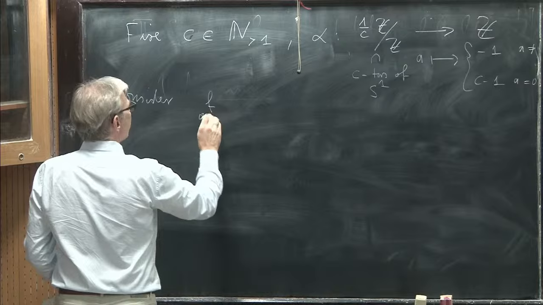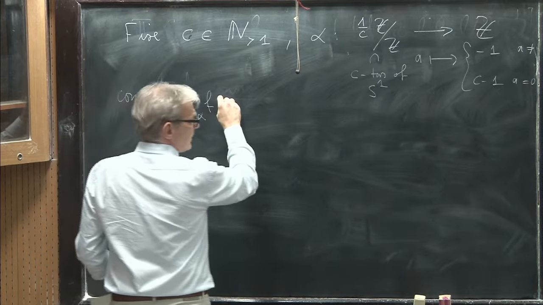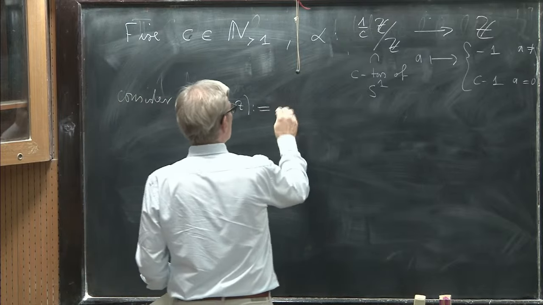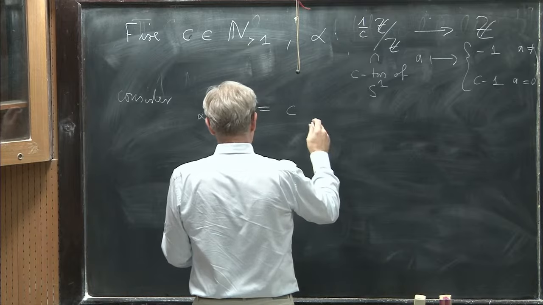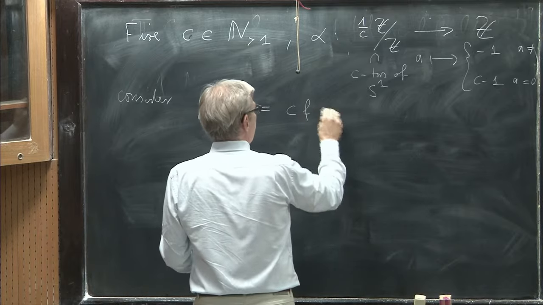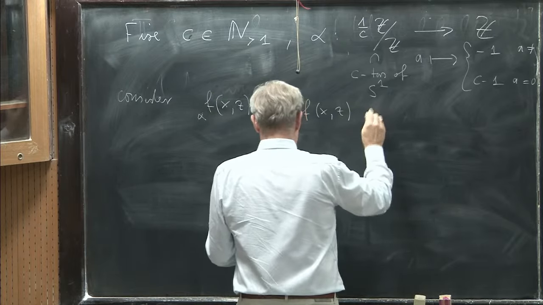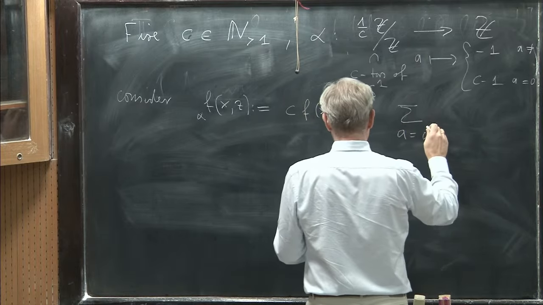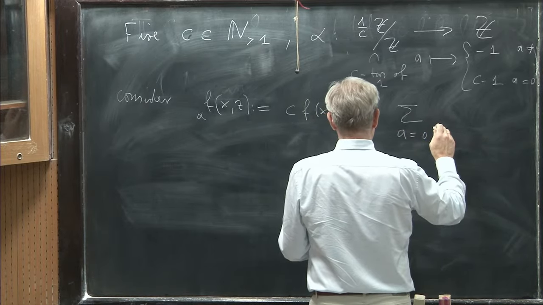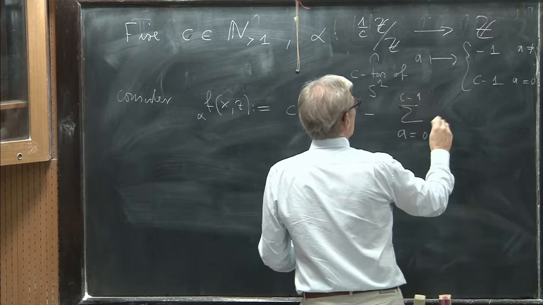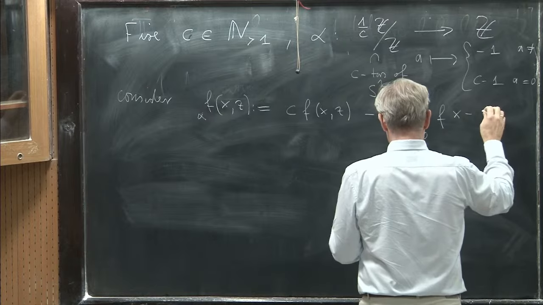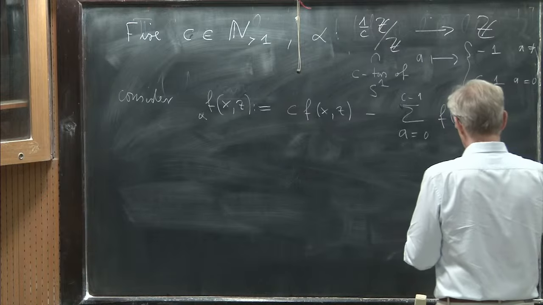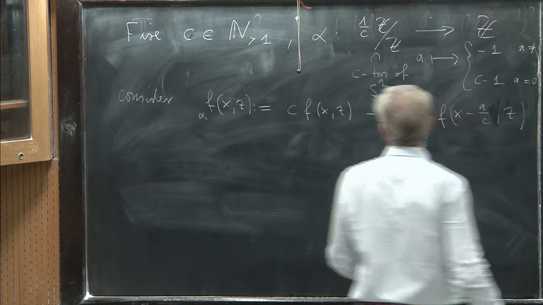Consider the alpha modified generating series. This is simply defined as follows. I take C of f(x, z) minus the sum over a from 0 to c minus 1 of f(x minus a/c, z).